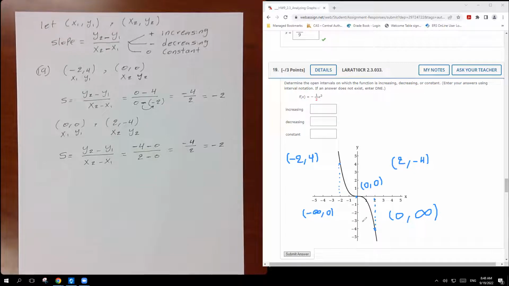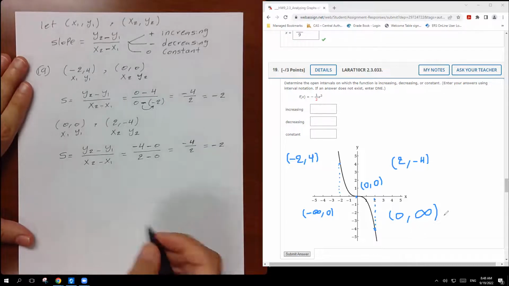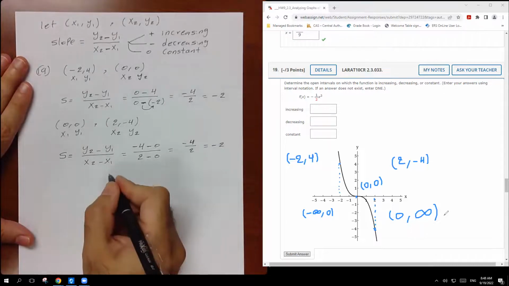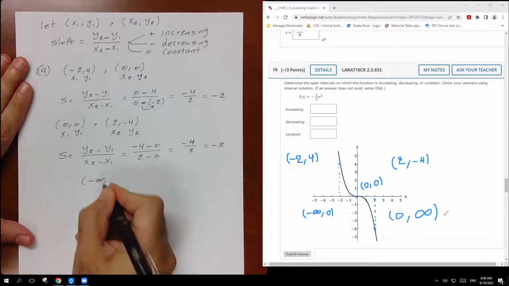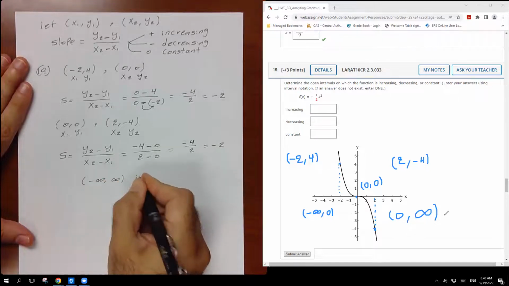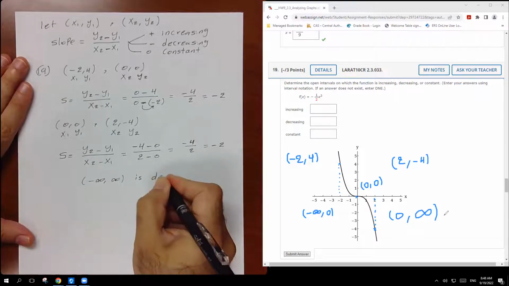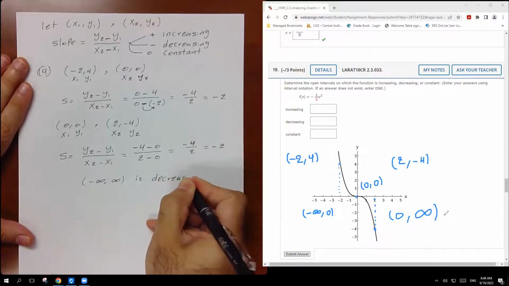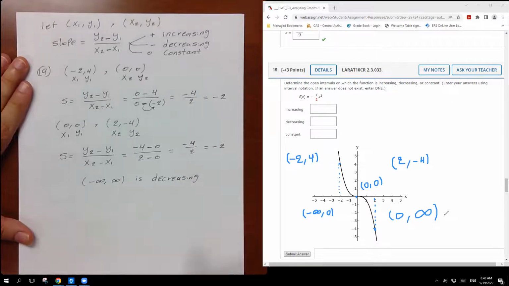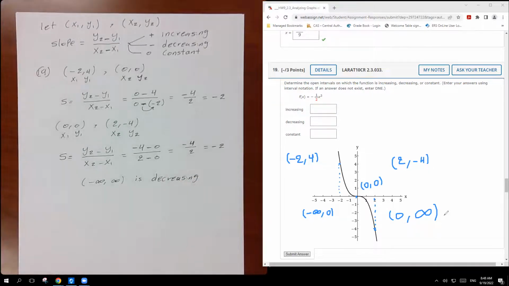That means I can add these two intervals together, and I can say from negative infinity to positive infinity, the graph is decreasing. So we don't have to type two intervals in interval notation because the whole graph is decreasing, from negative infinity and keep going down to positive infinity.